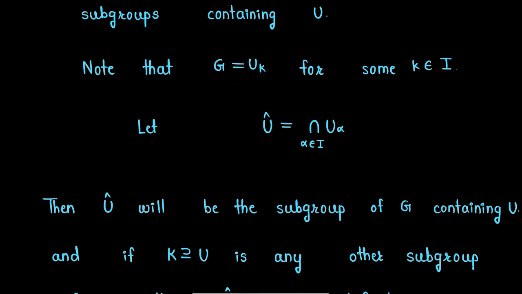Now for all subgroups U alpha of group G containing the subset U, consider the intersection of all such U alpha, and we call this intersection U cap.